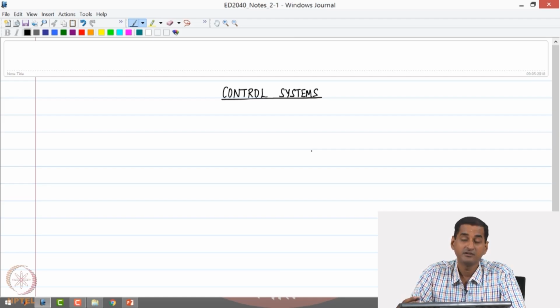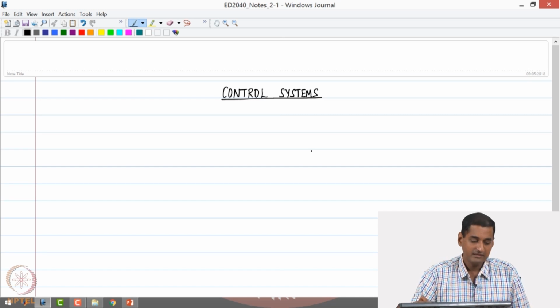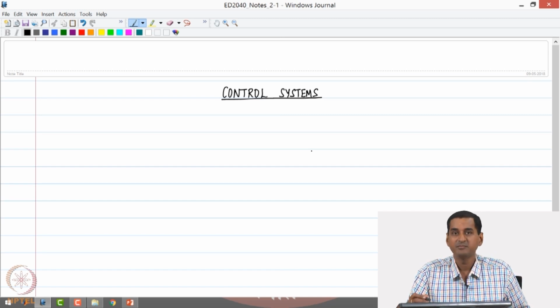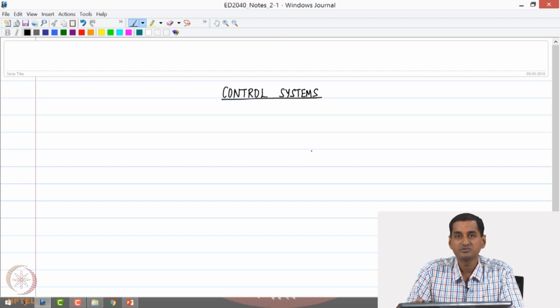Additionally, we learned the definitions of each of these words that we use along with the word systems. That is, we learned what is meant by a linear system, a time invariant system, a causal system, and so on. And then we looked at what is meant by an open loop system, what is meant by a closed loop system, and we looked at the concept of feedback, and we essentially drew the basic layout of a closed loop control system with feedback, and that is where we stopped.